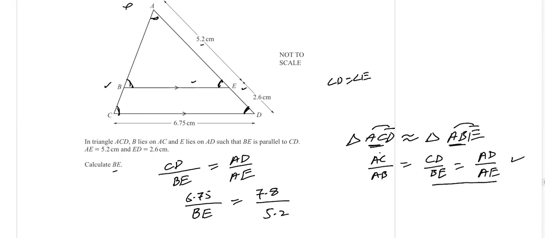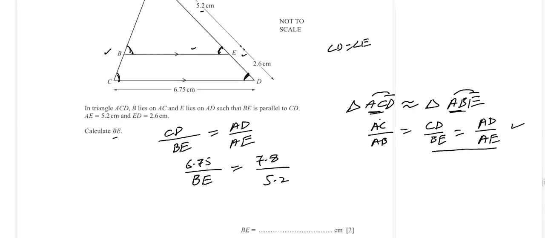Now to find BE, let's cross multiply. It will be BE multiplied by 7.8, because when cross multiplying, this goes with this, equal to 5.2 multiplied by 6.75.